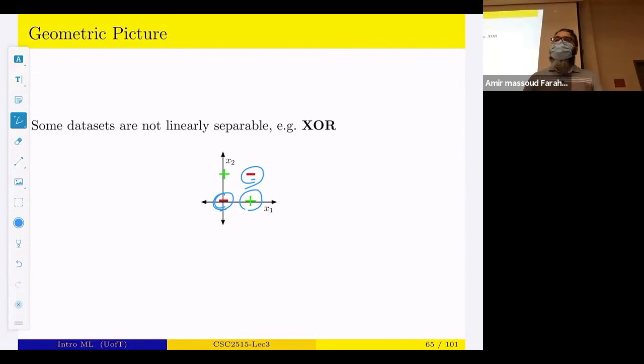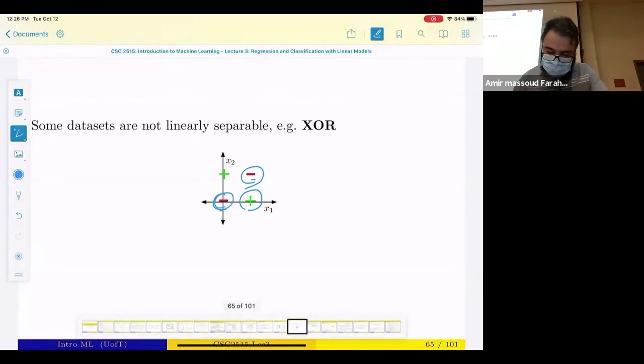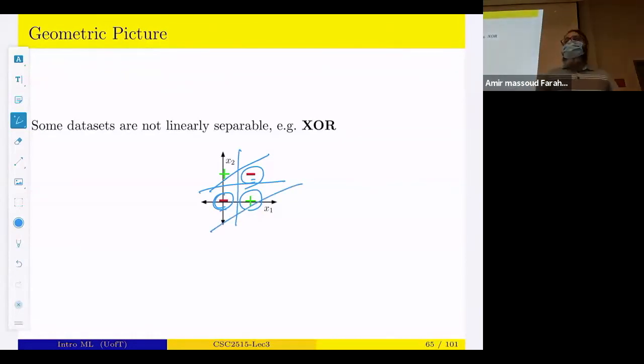So you can kind of convince yourself that you can't find a line here that separates all these 4 points. Any line that I draw here, none of them can satisfy our case. And it can be proven, so it's not super difficult, but it's not very important in this case. I guess this is intuitive enough.